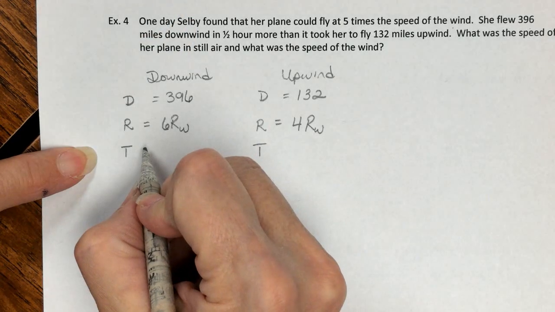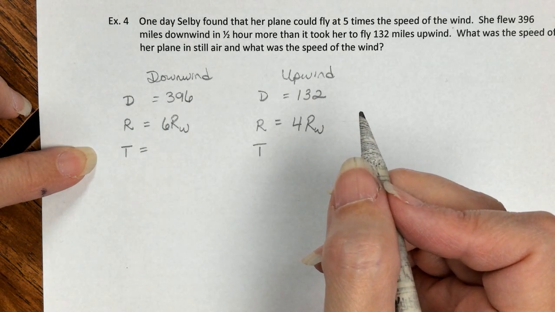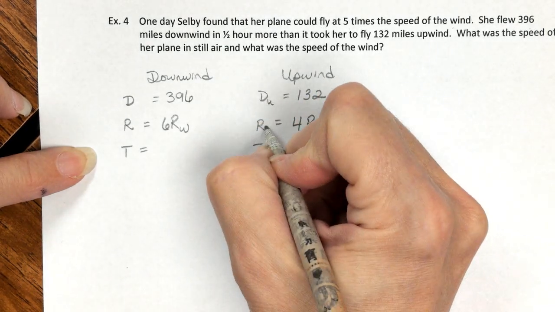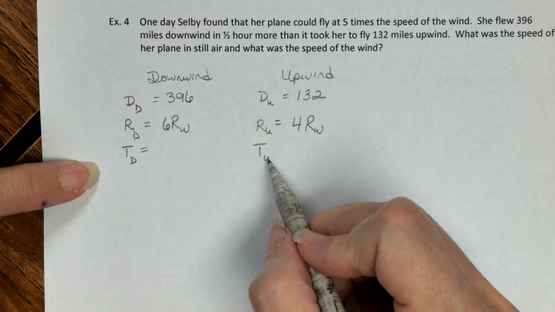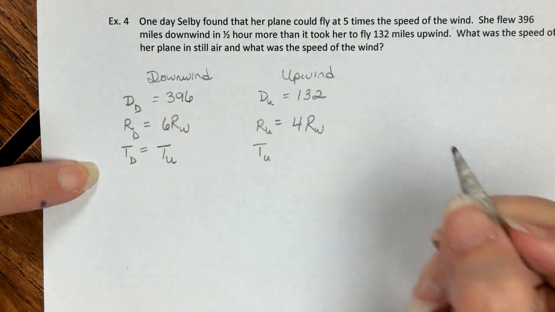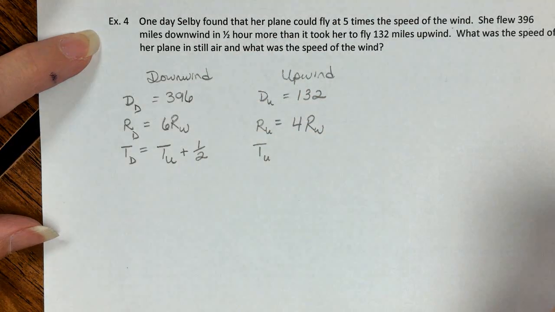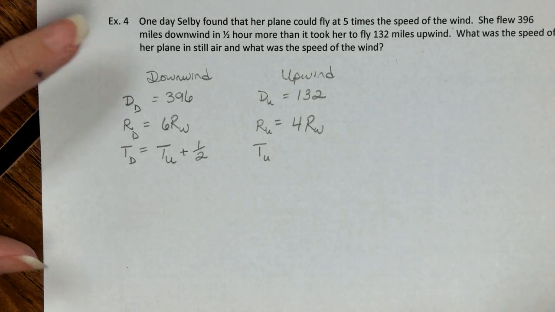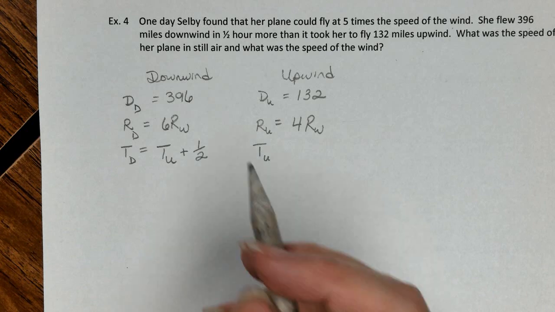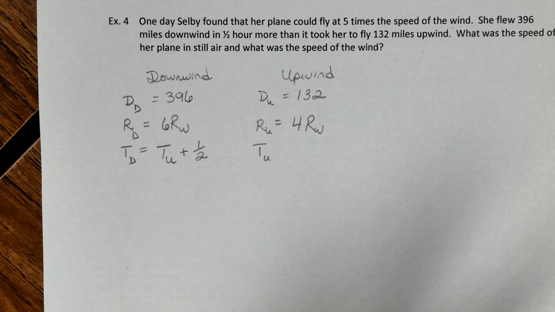So downwind time is upwind time plus a half. We'll give her speed in miles per hour, so I want to keep that half, I don't want to make it 30.